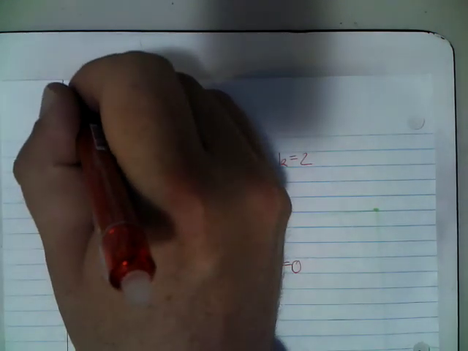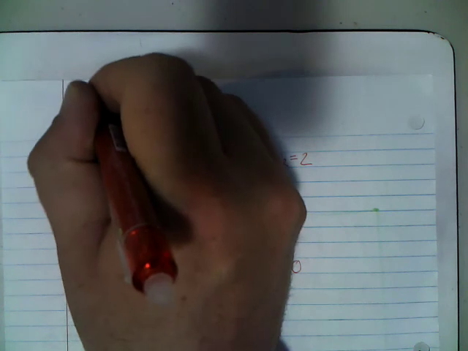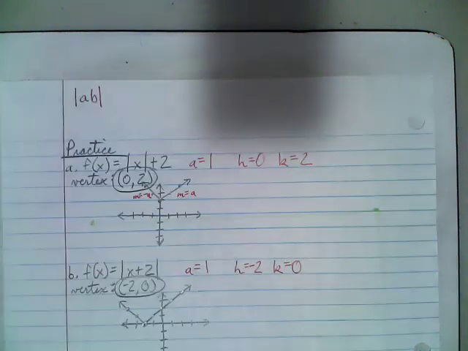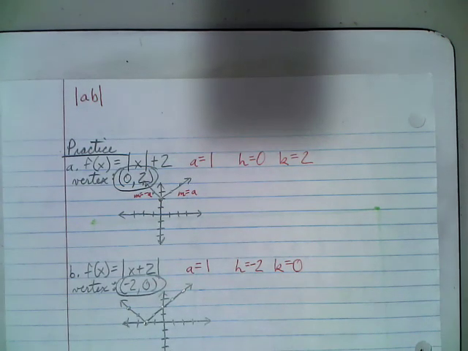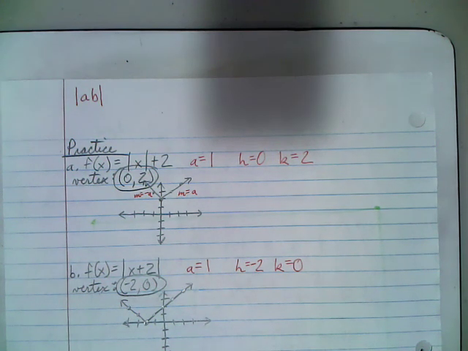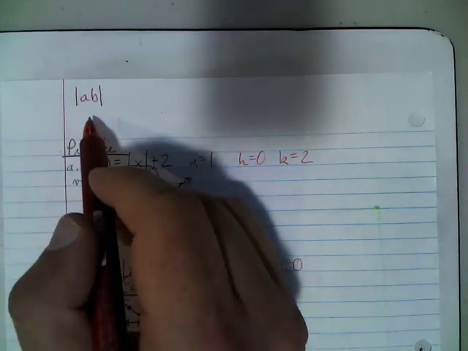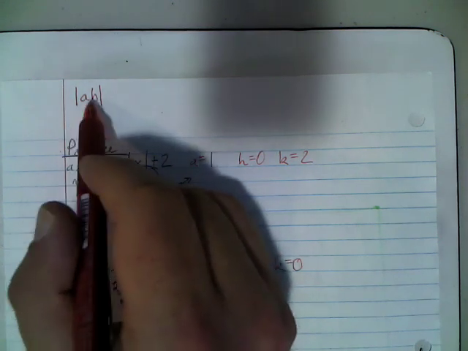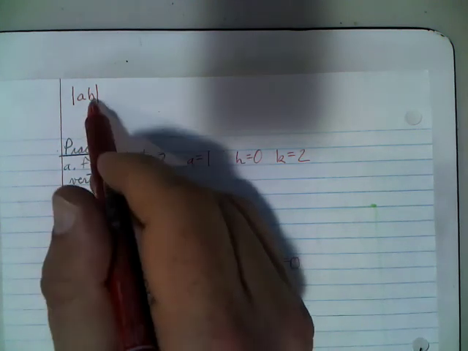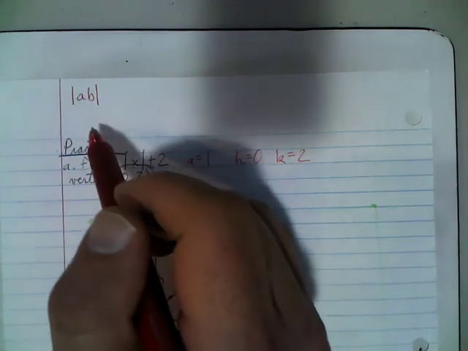So one of the things that you need to understand is that if you have the absolute value of A times B, well, you know in the end it's going to change to a positive. So these could both be negatives, in which case the answer is positive. Just one of them could be a negative, which means that we'll get a negative answer, but then it'll just turn into a positive.